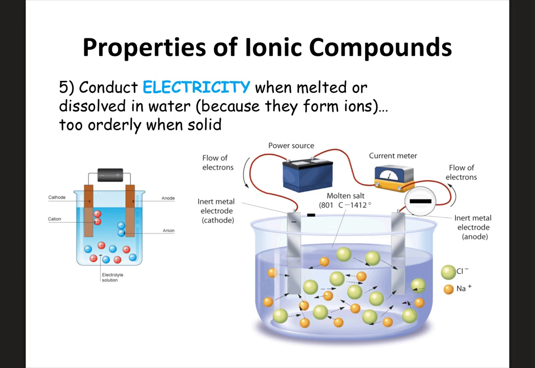The plus and the minus are stuck together, so the charge cannot flow, and it cannot conduct electricity. But as soon as you melt it or put it in water, those plus and minus ions come apart, and this allows the charge to flow and the electricity to be conducted. So it's very important to remember that ionic compounds will only conduct when melted or dissolved.